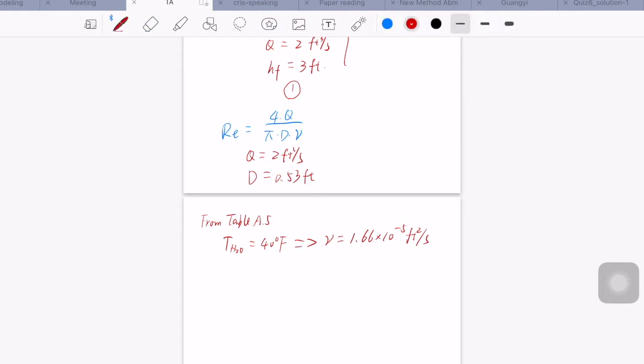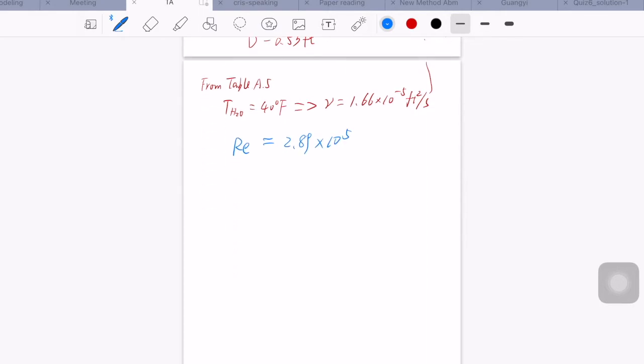So now we can determine that the Reynolds number is 2.89 times 10 to the power of 5.